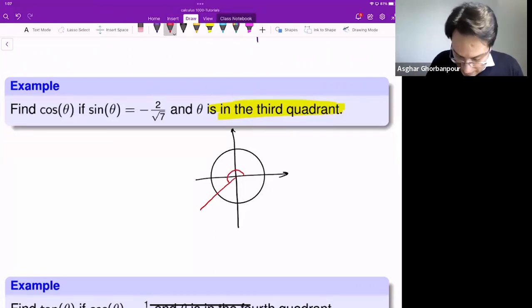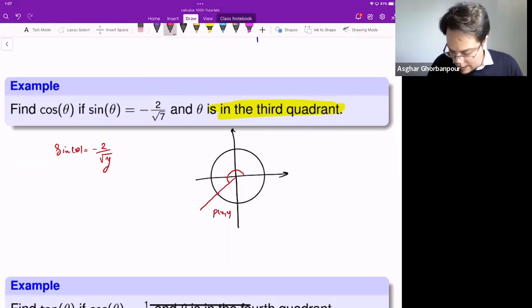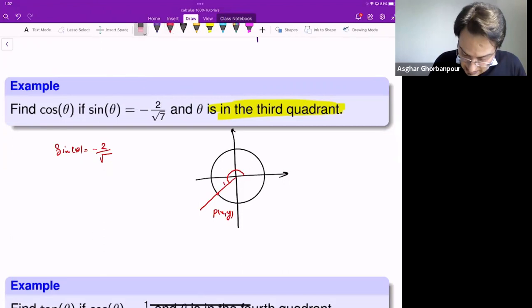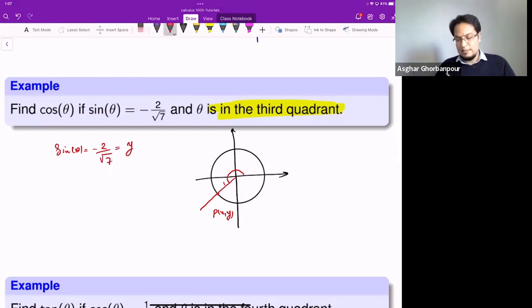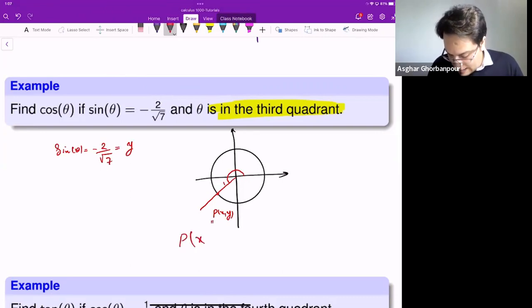Sine, remember, if this point has two coordinates x and y, and we are working with the unit circle, this means that sine is equal to y. So this means my point is x and -2 over √7.